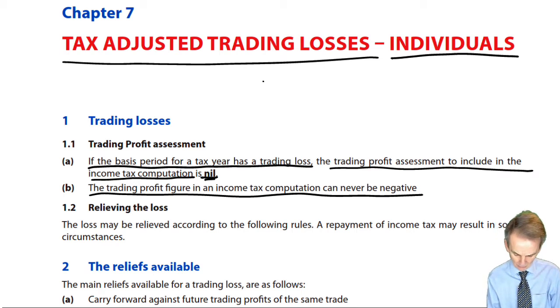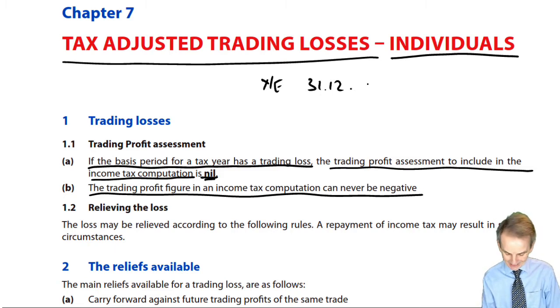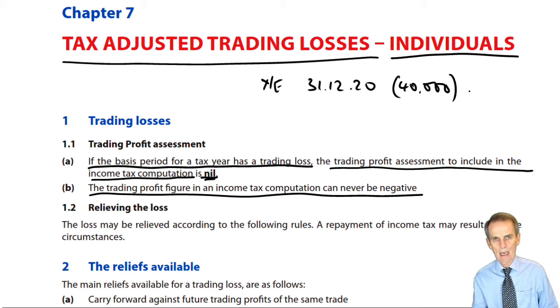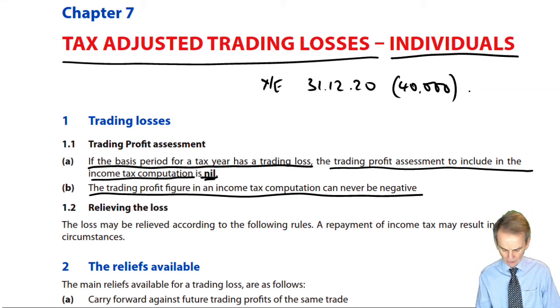So if, for example, the business had always prepared its accounts to the year ended the 31st of December, and for the year ended 31st of December 20, the business made a loss of £40,000. First thing we'd have done, of course, was to establish that tax-adjusted trading loss using the adjustment of profits, using the capital allowances knowledge that we have got.